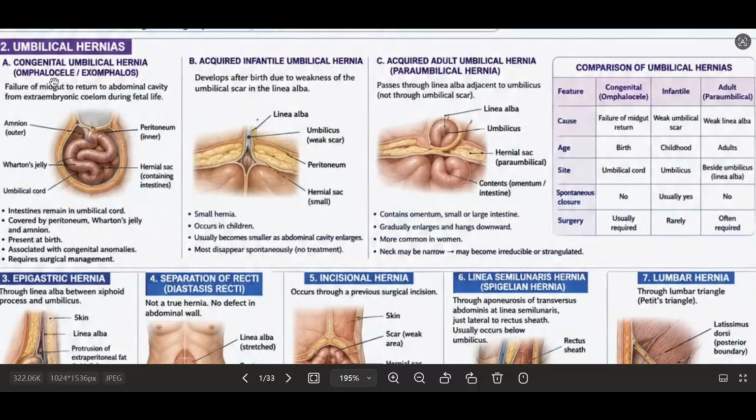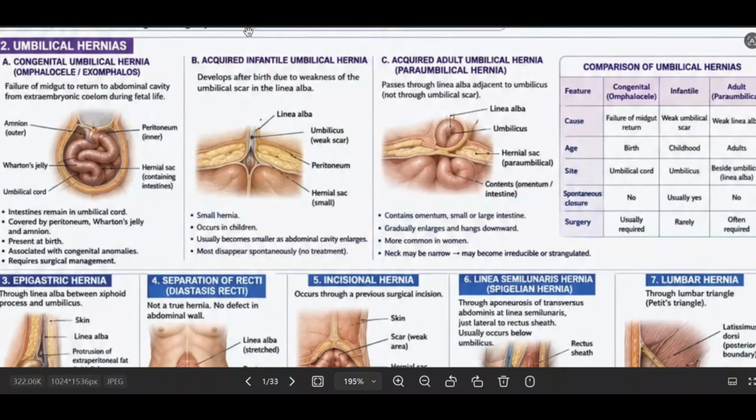Omphalocele and exomphalus are synonyms of one another, so both terms are for the same condition. I meant to say the congenital umbilical hernia is unable to return back or recede back into the abdomen.